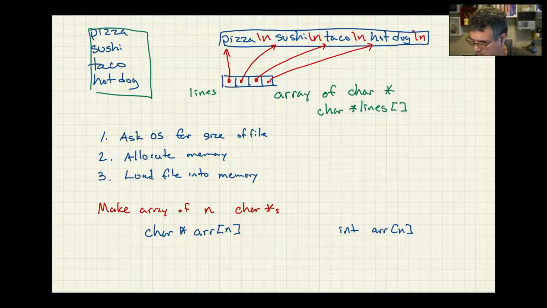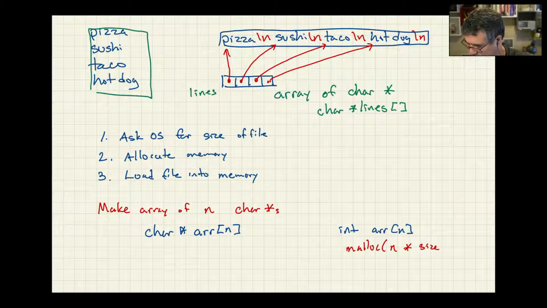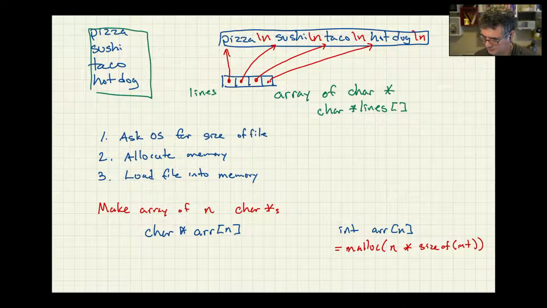So what would be an equivalent malloc for this? So it would be malloc N times size of int. Size of int. And then assign that to array. But what type of thing is array?